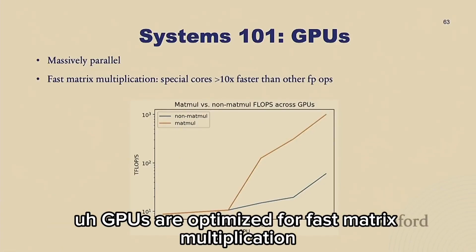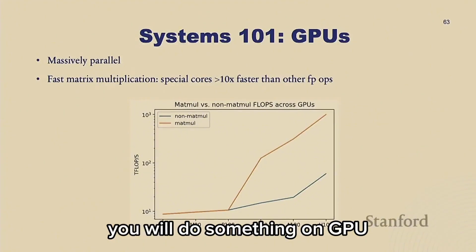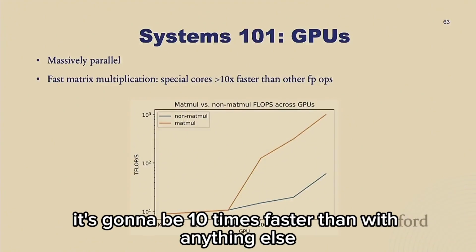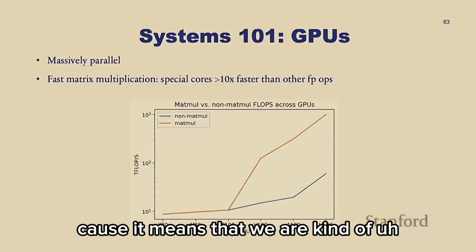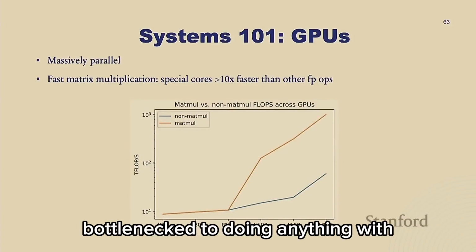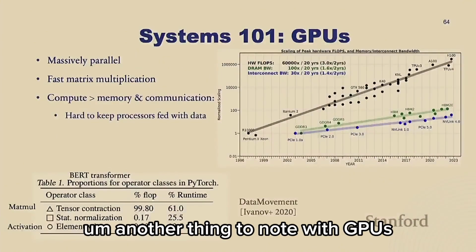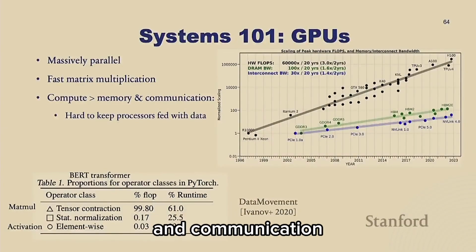GPUs are optimized for fast matrix multiplication. Every time you do something on a GPU, if you can do it with a matrix multiplication, it's going to be 10 times faster than with anything else. That is a little bit annoying because it means we are bottlenecked to doing everything with matrix multiplications. Another thing to note is that compute has been improving faster than memory and communication.